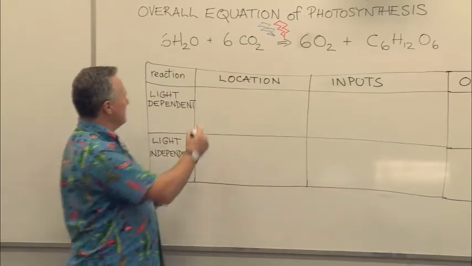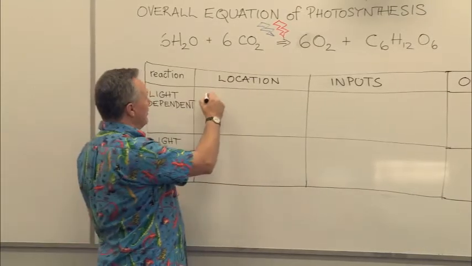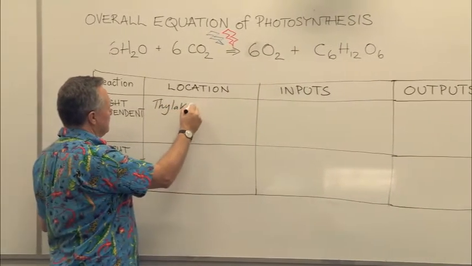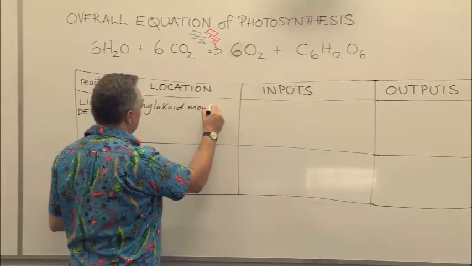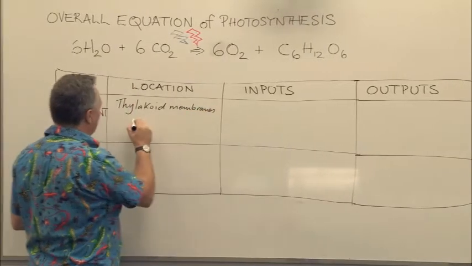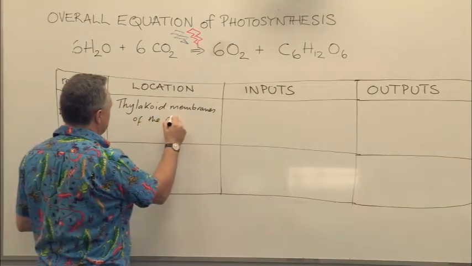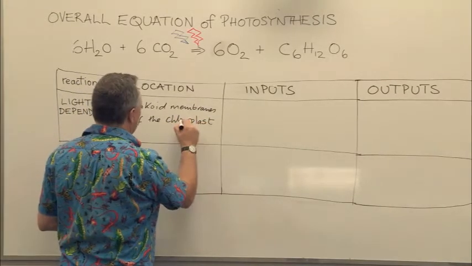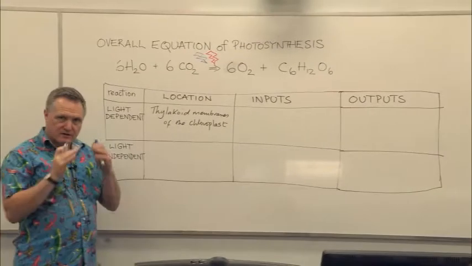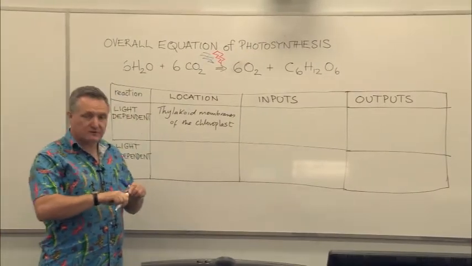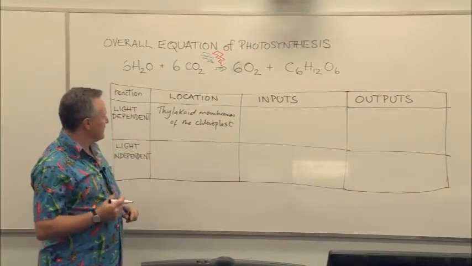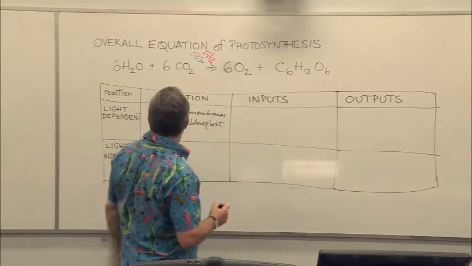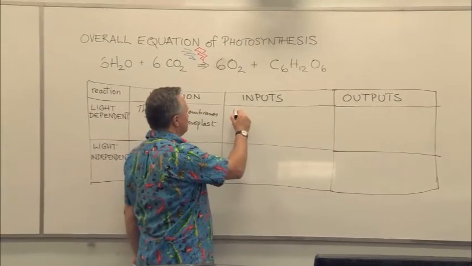The light-dependent reactions occur on what are called the thylakoid membranes of the chloroplast. Within those membranes, as we'll see, there's a whole range of different proteins which are functioning in creating temporary energy stores. So one input is water.